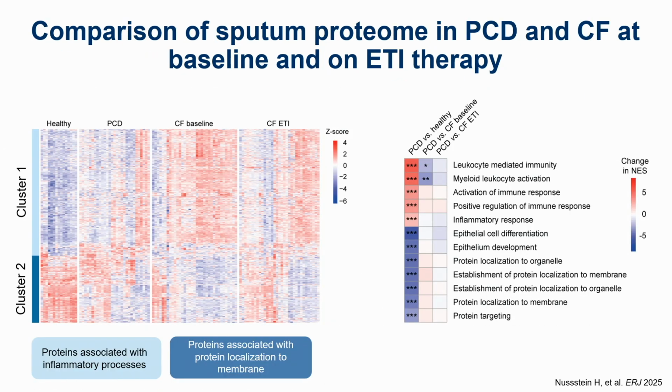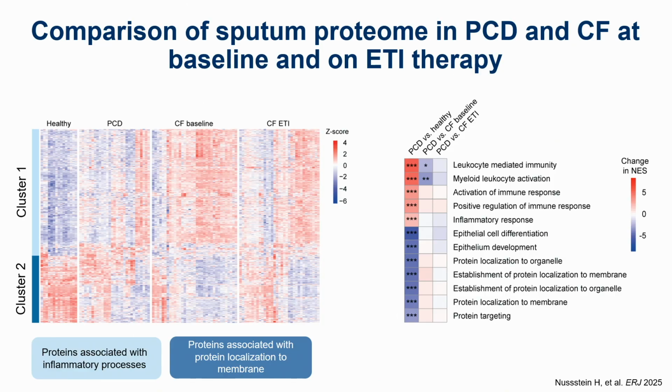And finally, we also conducted proteomics as a more unbiased comparative analysis. What you usually get is this very busy heat map that you can see on the left, where basically the whole protein signature is shown for each individual. What we then did was a hierarchical cluster analysis, and thereby we could identify 2 clusters.